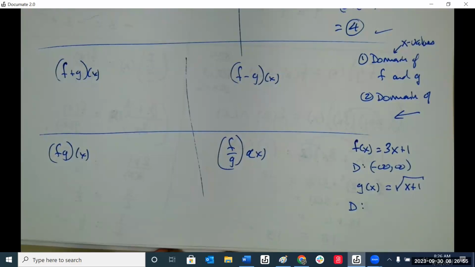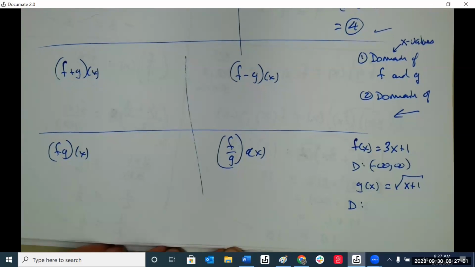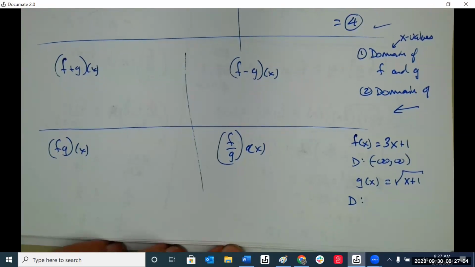What kind of equation is that? What does the graph look like? Nope.